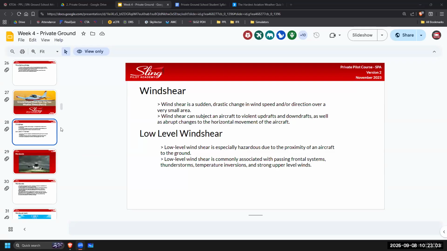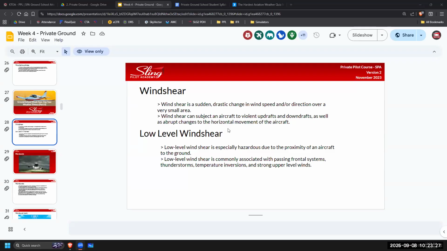You'll also hear sometimes on approach back to the runway, tower will advise you of low level wind shear. If it's been experienced by other pilots, they will report that, and then it pretty much lets everyone else in the area know when they come into land that low level wind shear has been reported.